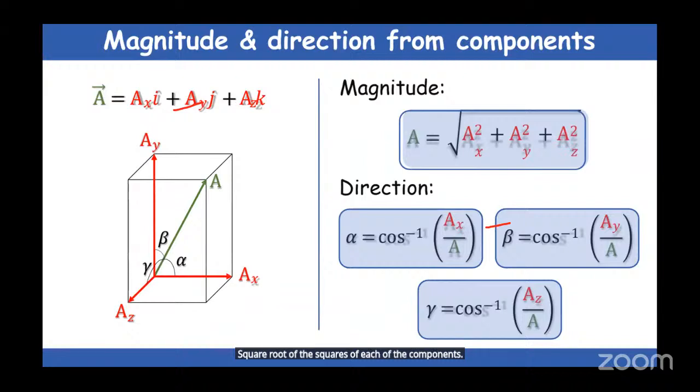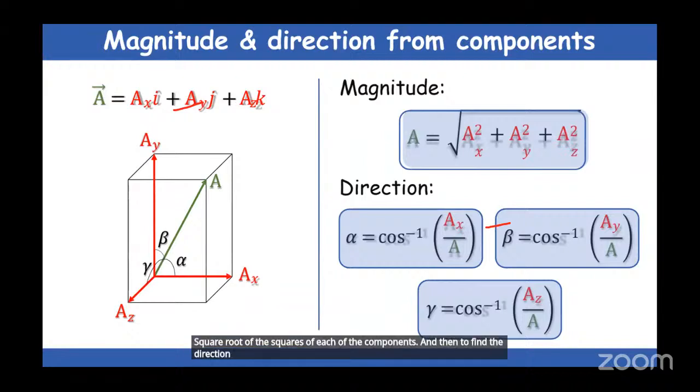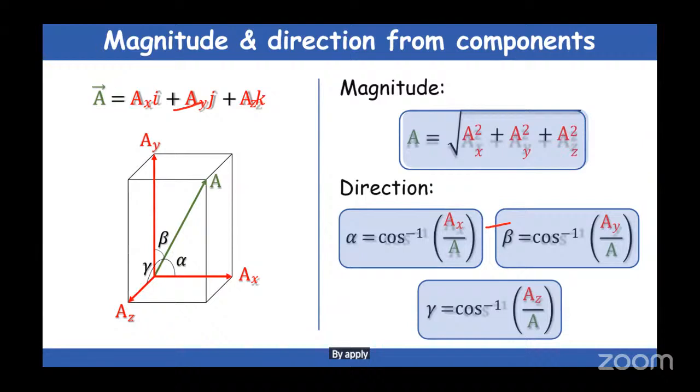And then to find the direction, this time we cannot get the direction by applying just a single trig function, because since it's 3D, each of them makes an angle with the magnitude.